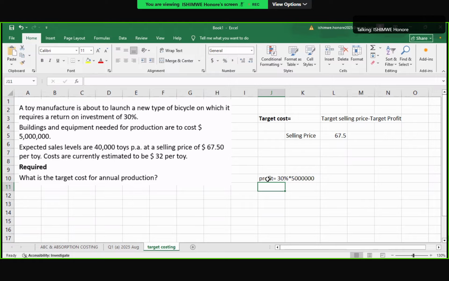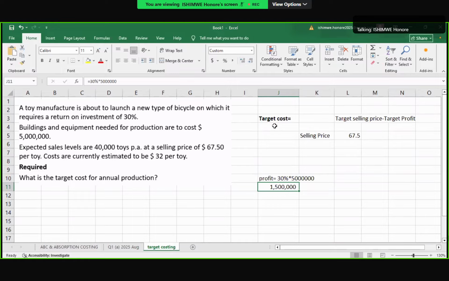This gives us 1.5 million. This is our profit for the whole year.